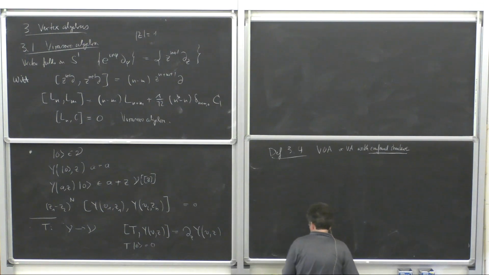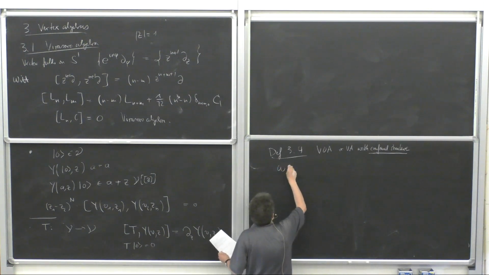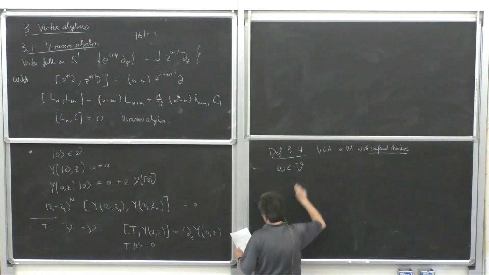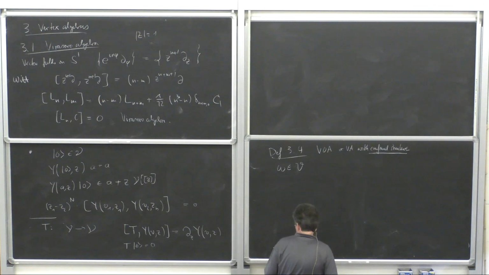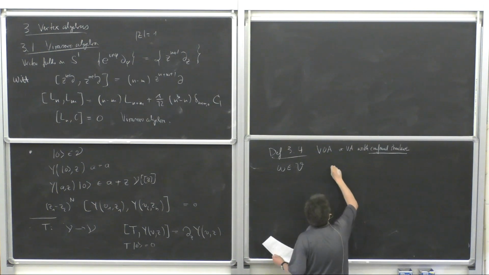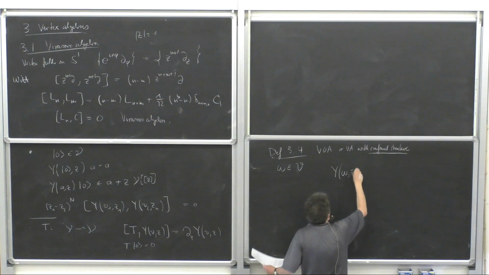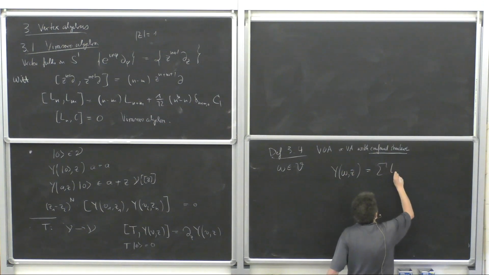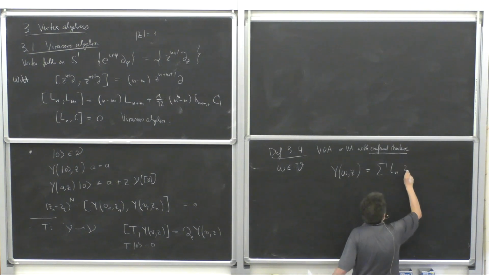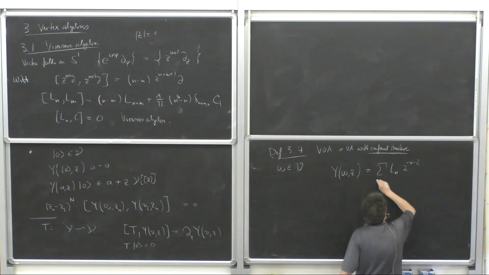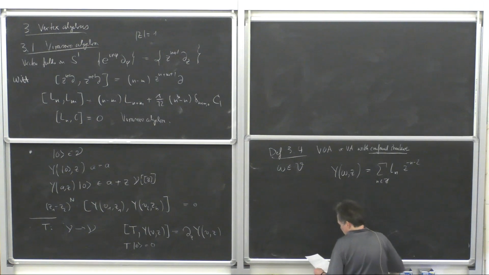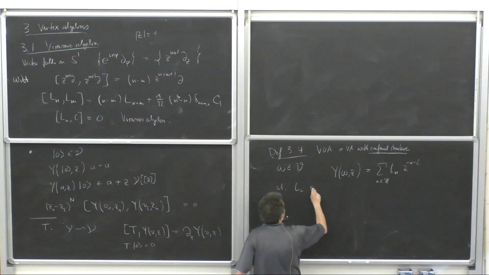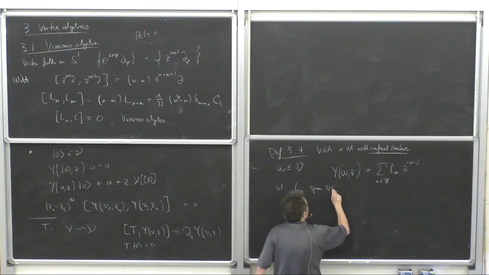So what is it? It's the existence of a non-zero vector in our V, which has the property that if I'm looking at the expansion of this here, then I will get coefficients, and if I'm writing them in this way, the L_n span the Virasoro algebra.